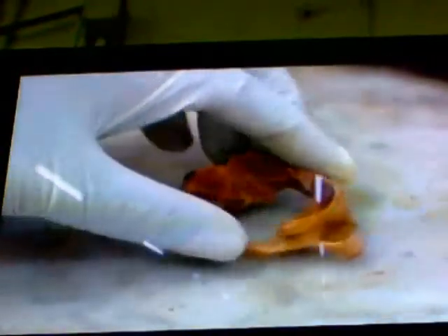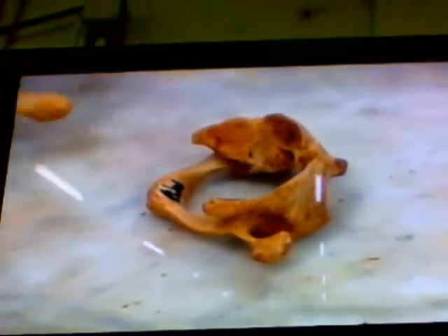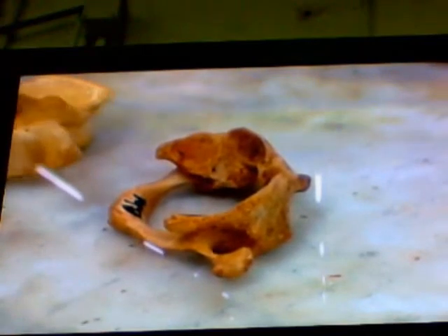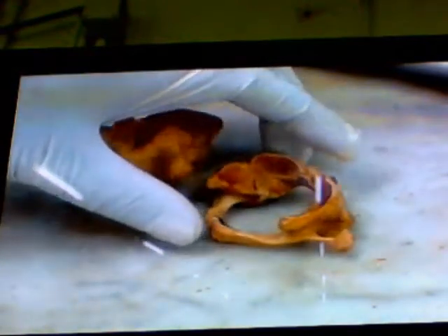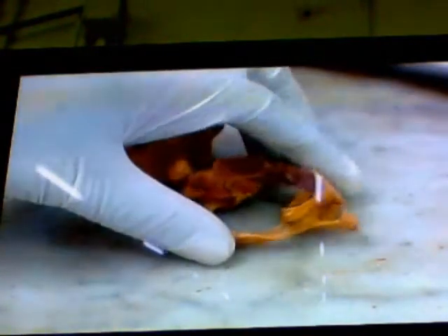Now, one of the things about these cervical vertebrae is that they have something special about them. Every cervical vertebra, what is special about them? Foramen transversarium.